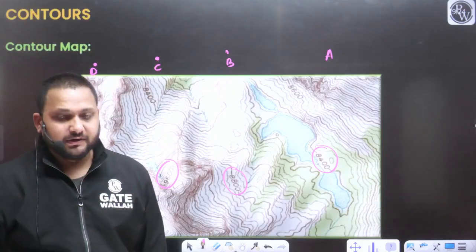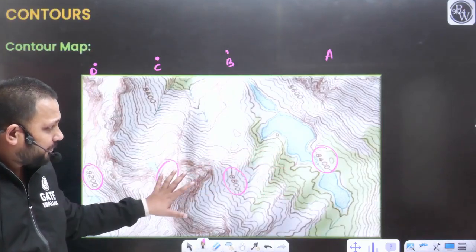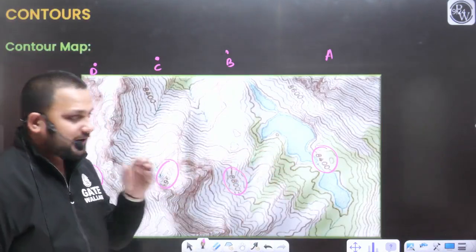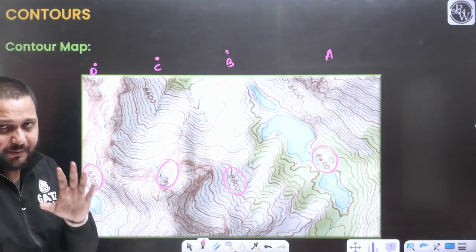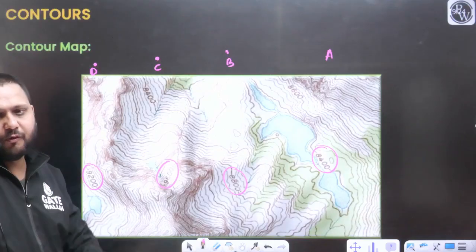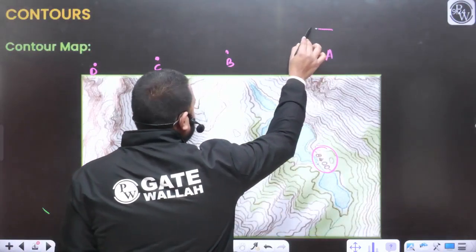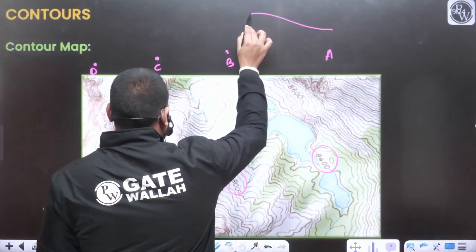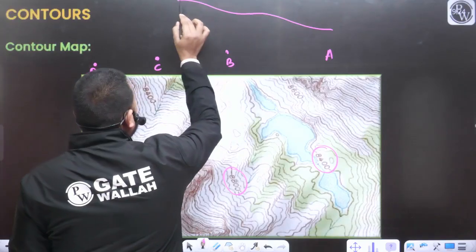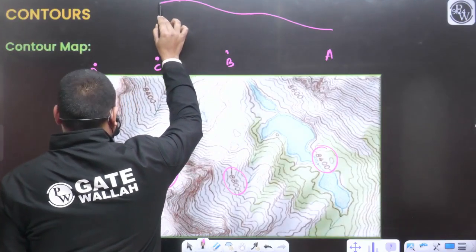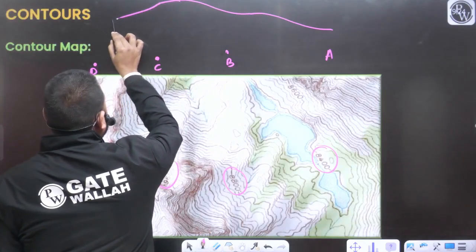Listen carefully. Just by observing these values, I can understand what the ground profile will be. This is 8400. Now the elevation is increasing to 8800. Now again the elevation is increasing to 9600 at point C. Then the elevation is decreasing to 9200.